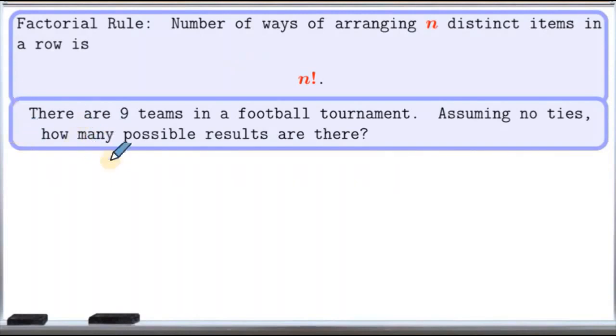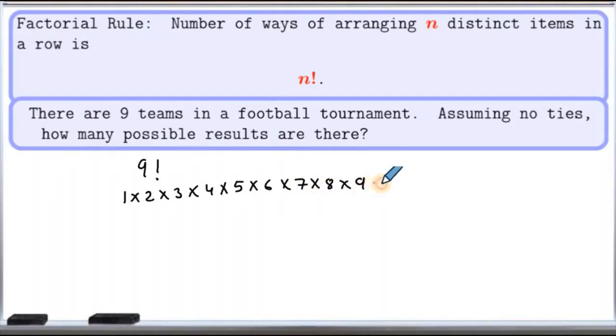Therefore, the 9 factorial comes out to be 1 times 2 times 3 times 4 times 5 times 6 times 7 times 8 times 9, equal to 362,880.